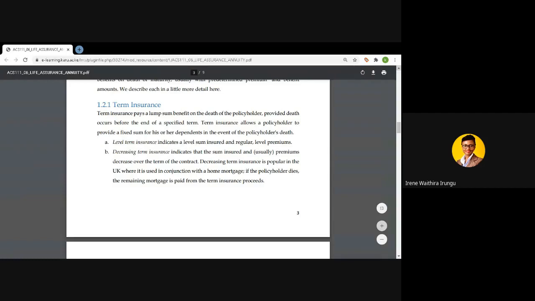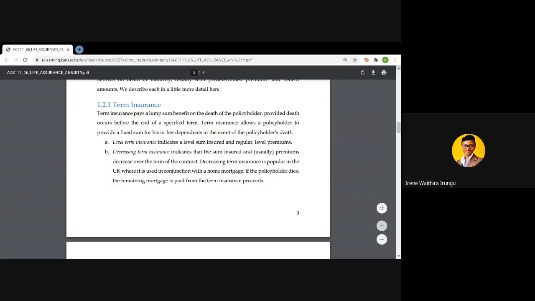So in the first year, if Brian's father died within the first year of the 5-year decreasing term assurance contract, then Brian and his mother will be entitled to a payment of 500,000. If he died in the second year, then the sum assured payable to Brian and his mother, who are the beneficiaries, will only be 450 and not the 500,000.